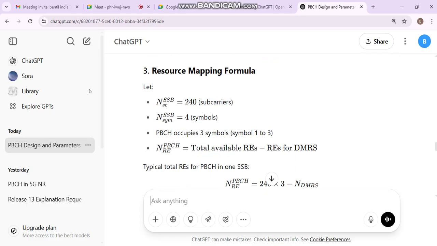Resource mapping formula. Let N_SC^SSB be 240 subcarriers and N_symb^SSB be 4 symbols. PBCH occupies 3 symbols, symbols 1 to 3.